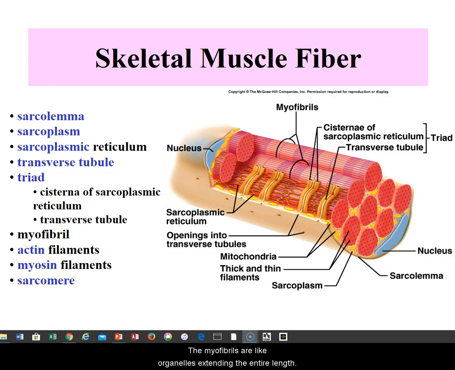The myofibrils are like organelles extending the entire length. Up to 80% of the volume of the muscle is hundreds to thousands of these myofibrils in one muscle. The myofibrils are the contractile elements of the muscle.